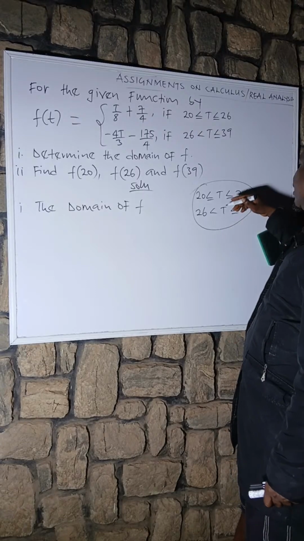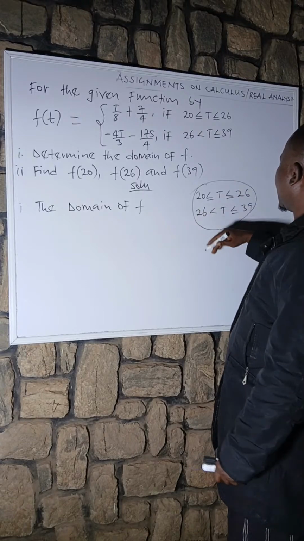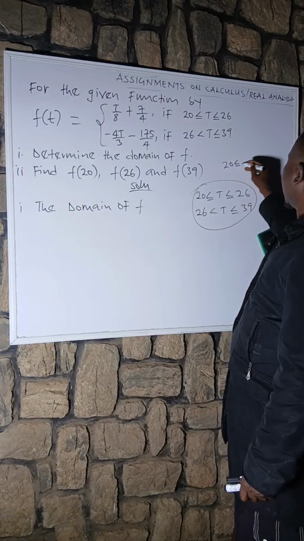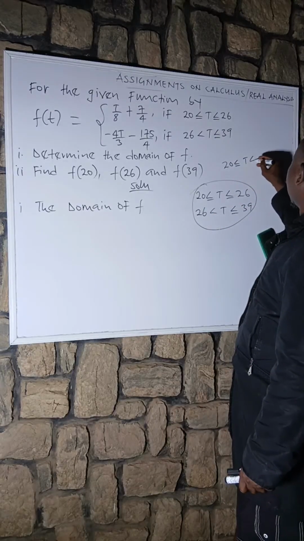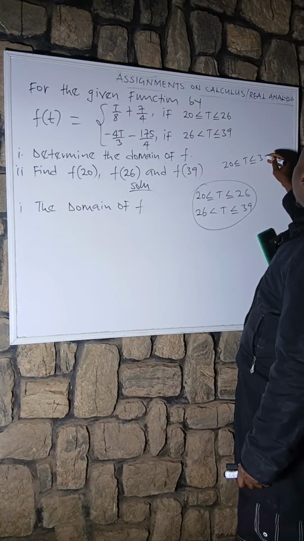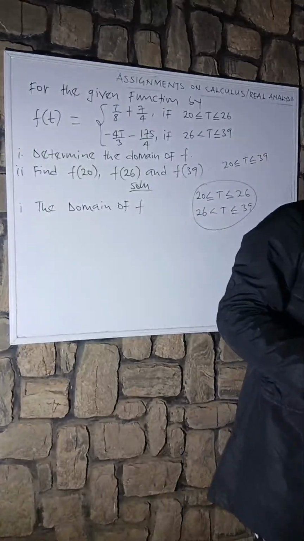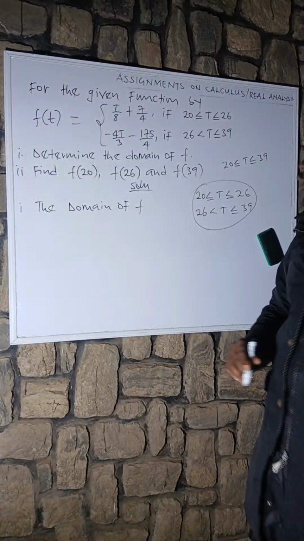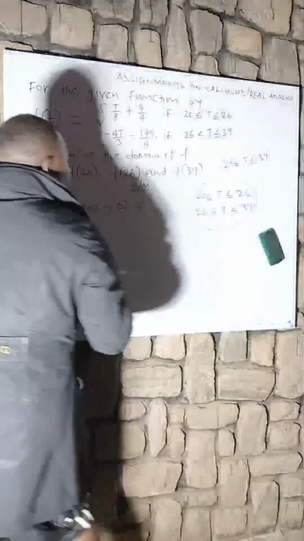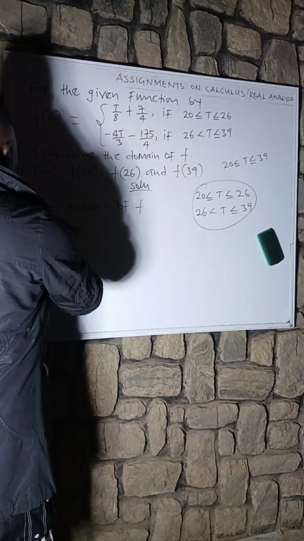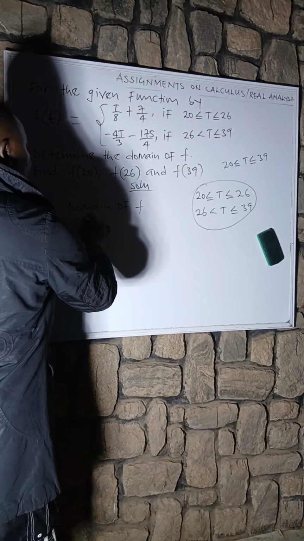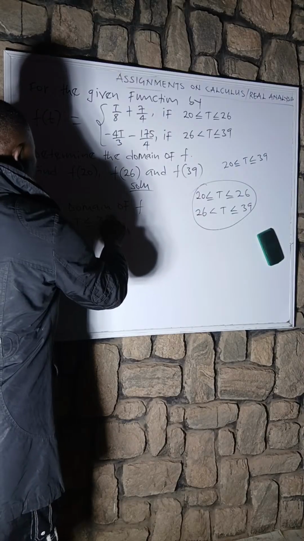So when we add it up, the domain will now be 20 less than t less than 39. I think so. Am I right? Yeah. So the domain will now be 20 less than t less than 39.